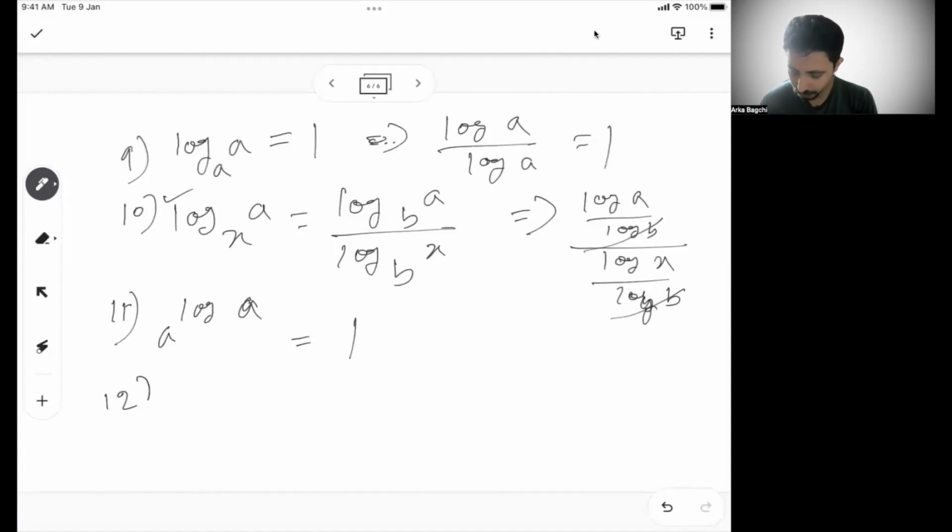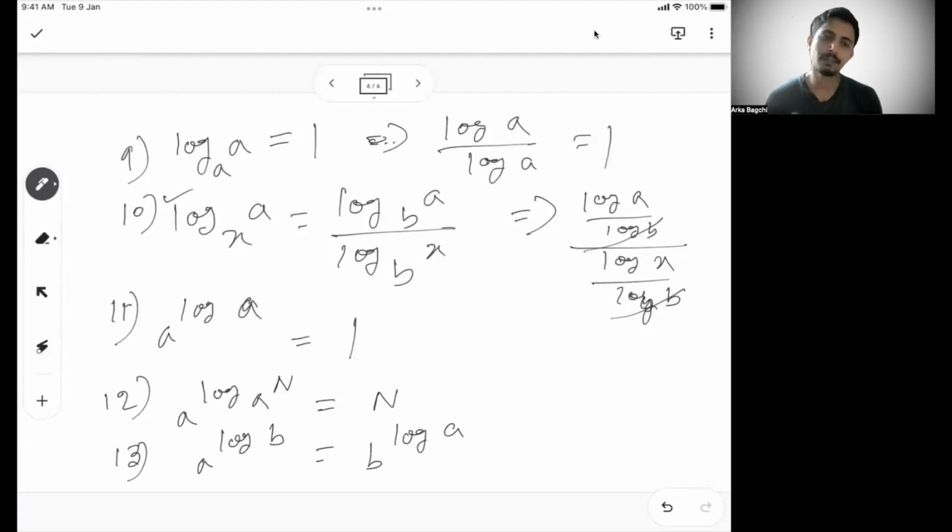If we have a to the power log of n base a, in that case, this is equivalent to n, right? And the last one I want you to remember is, a to the power log of b is the same as b to the power log of a. So these are the around 12 to 13 formulas which you absolutely need to remember.